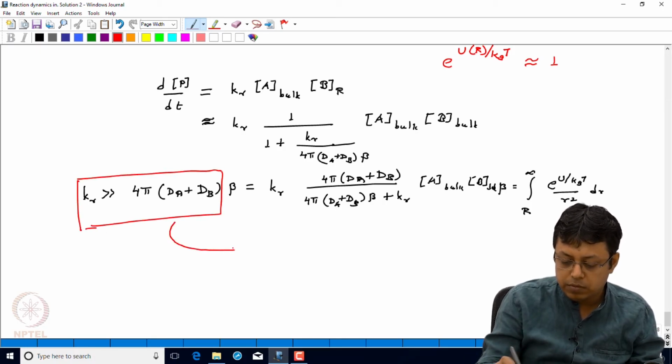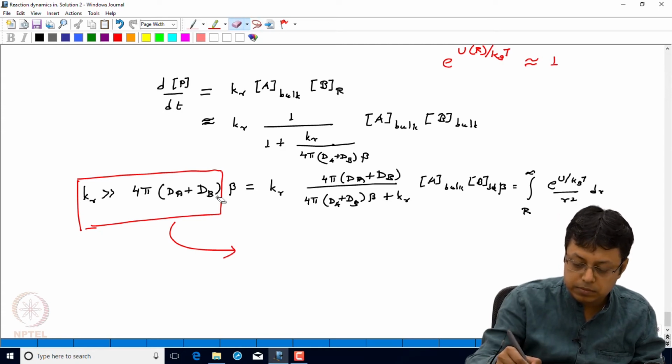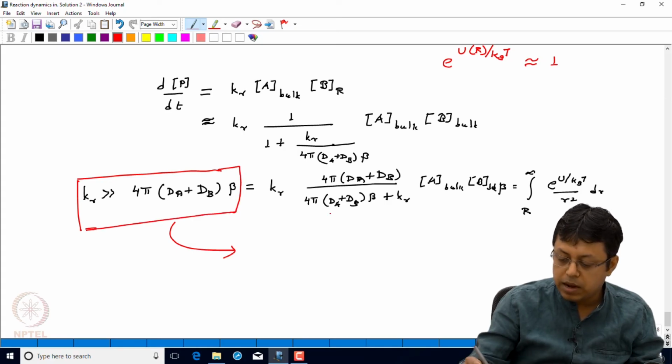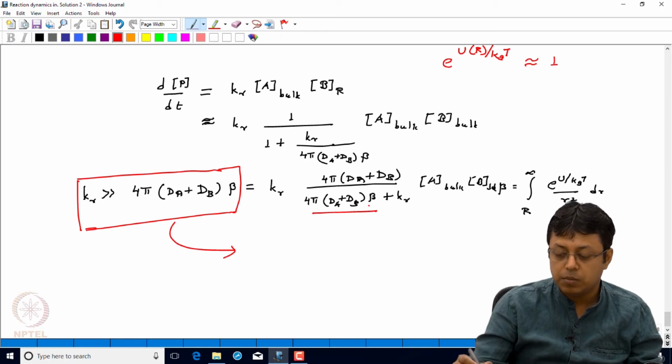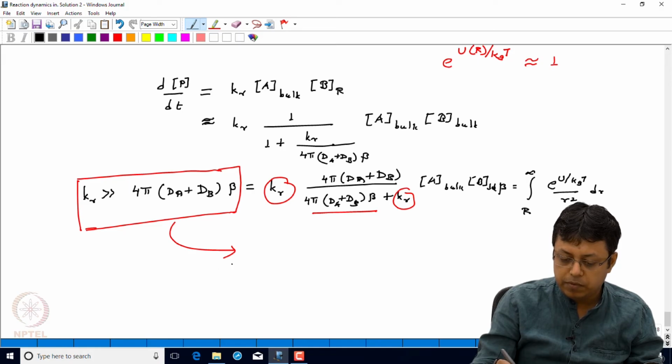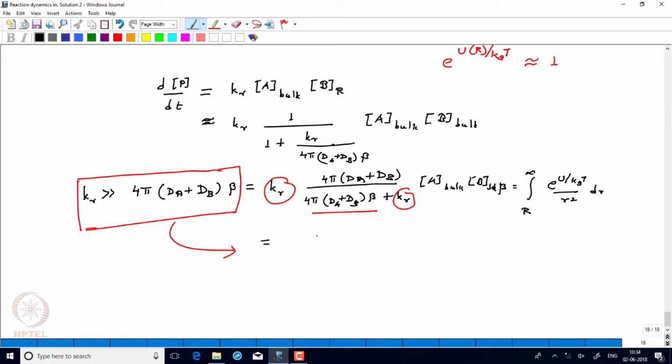Using this condition, we can now write, including beta, that this term is much smaller than this Kr term, so you can ignore it. The moment you ignore it, this Kr gets cancelled with this Kr, and we get the final expression: the rate of product formation is basically 4 pi dA plus dB into beta times A bulk into B bulk.